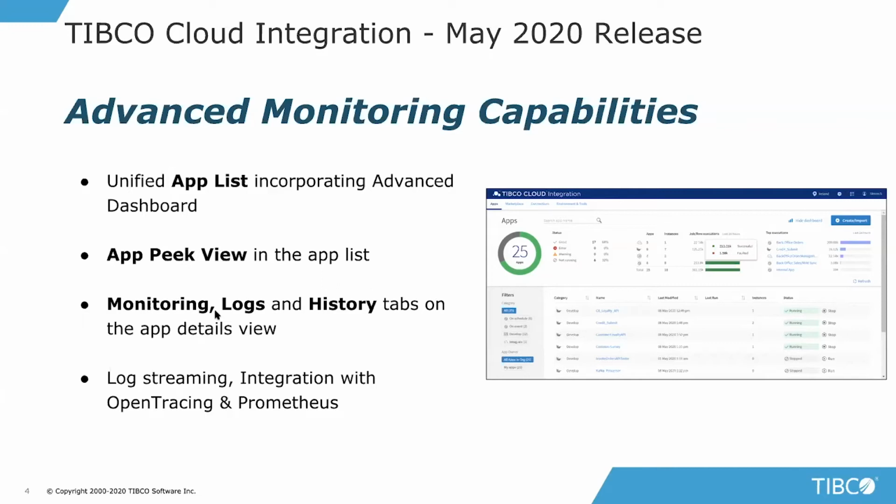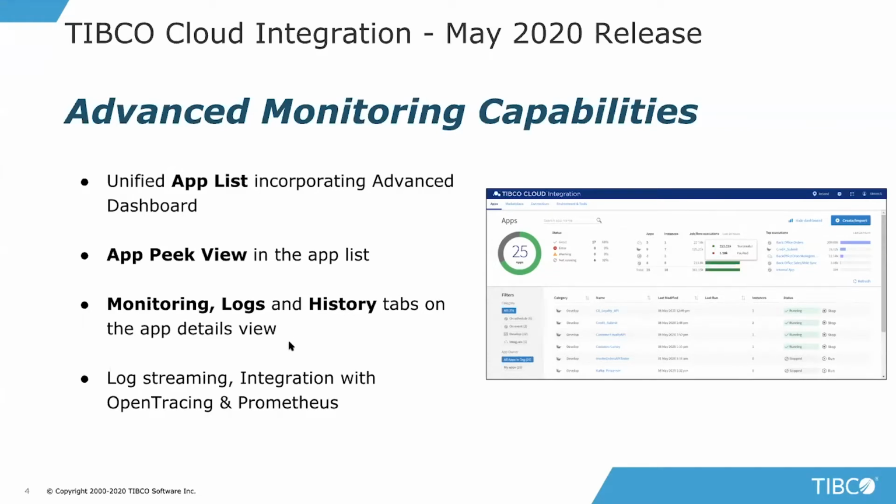If you want to dig deeper and get more details about your application, you can then go to the app details view and access the monitoring, logs, and history views on the app details page, and see more metrics, logs, and also history of all of the actions that have been performed on your application.